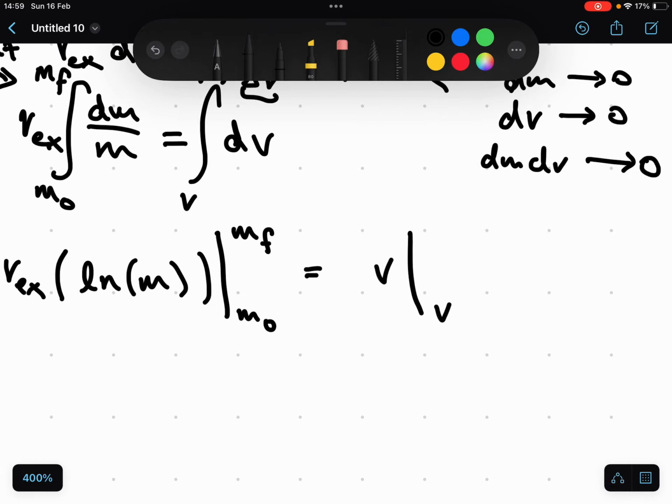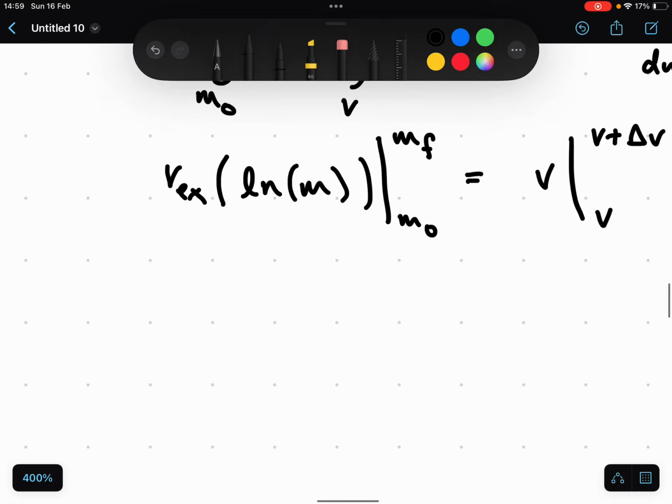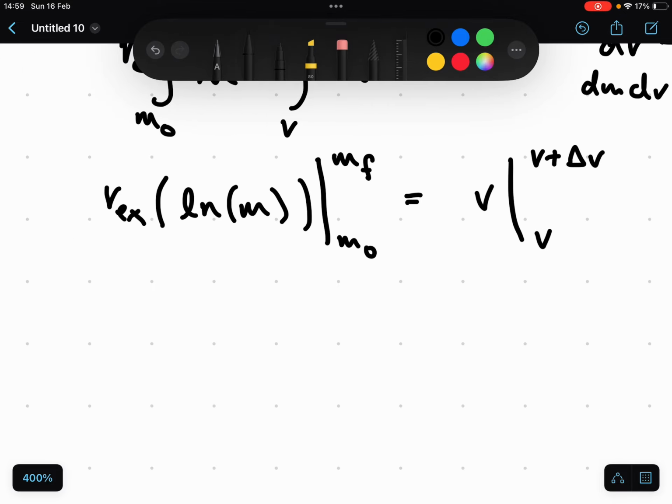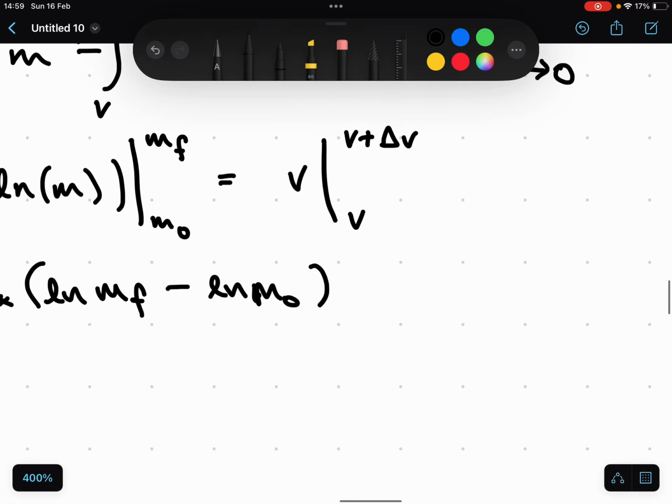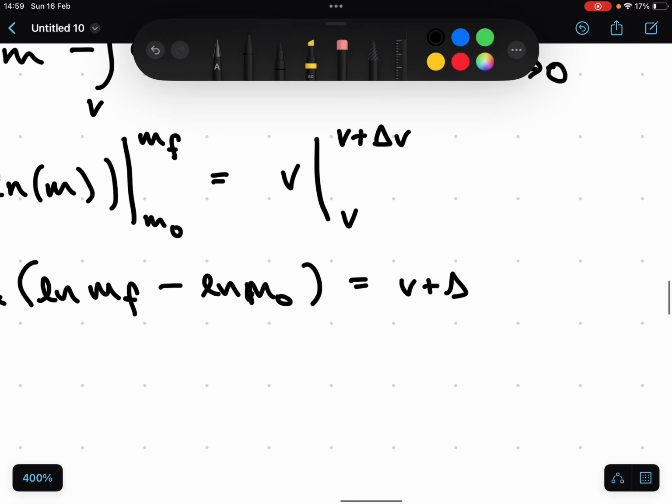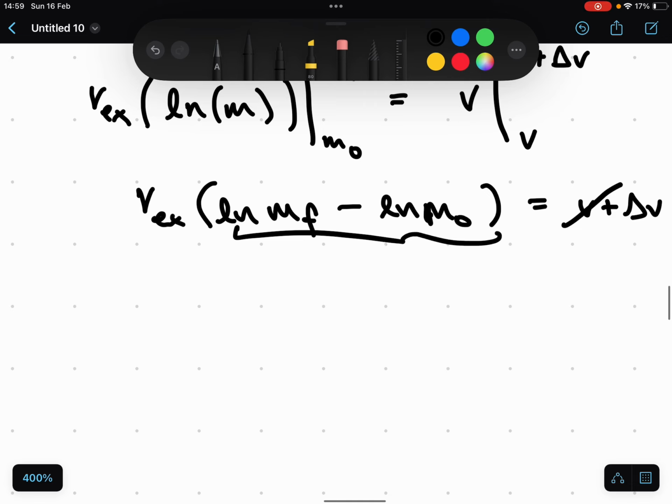Just some basic integration. V exhaust, you're going to have ln of mf minus ln of m0 equals v plus delta v minus v. The v's cancel, and we can use our log laws here to get everything nice and tidy. So we're going to be left with this equation here.